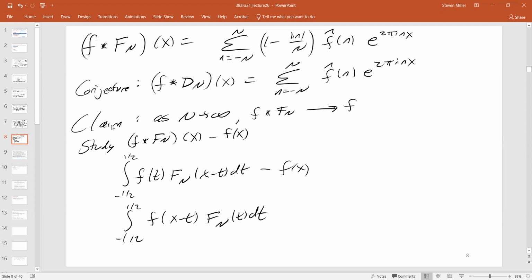What would be the easiest function f that I could give you that you could study? I'm not going to give you the zero function. Constant. Which constant? 1. So if I take f of x to be 1 identically, what's this integral equal to? The integral of fn of t is just 1.